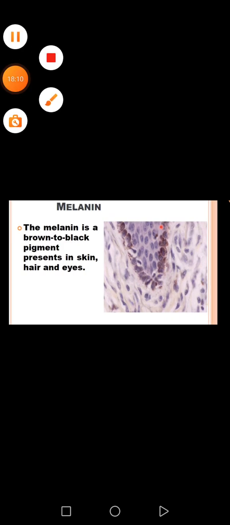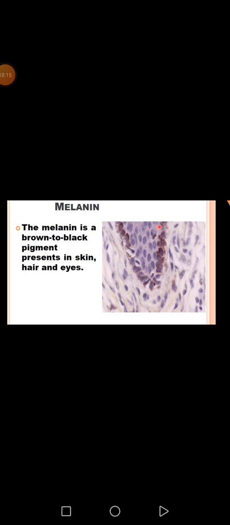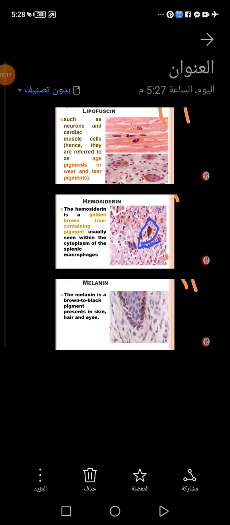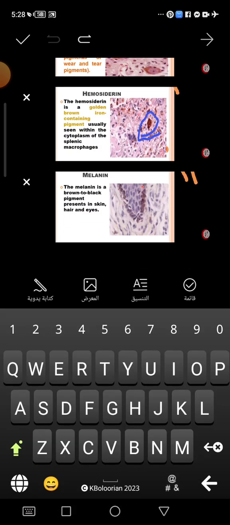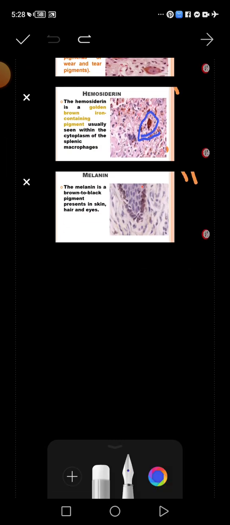So this is the melanin pigment. Let's write on it. Number one is the lower layer, or you can call it connective tissue. Those are the epithelium, and this is the melanin that I showed you now.